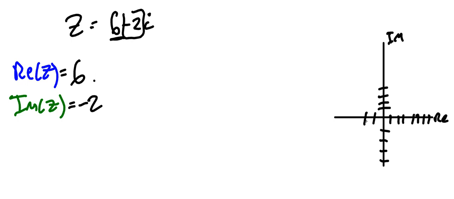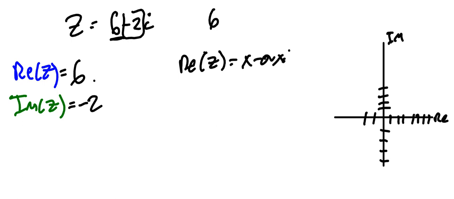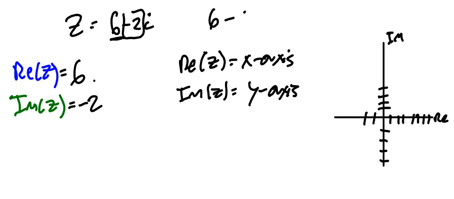The way we plot 6 minus 2i is we take the real part of z as the x-axis, and the imaginary part is the y-axis. So if Re of z is equal to 6, that means we move 6 on the x-axis, which is right here.